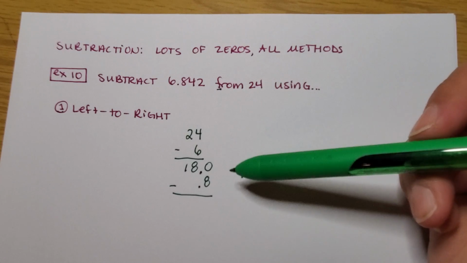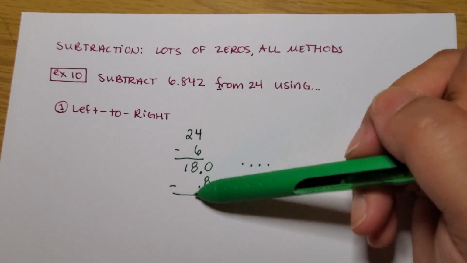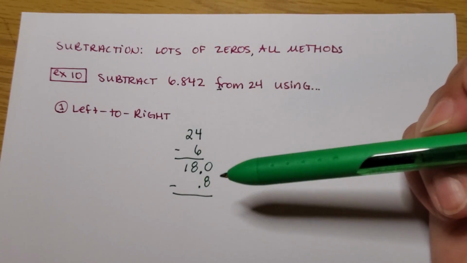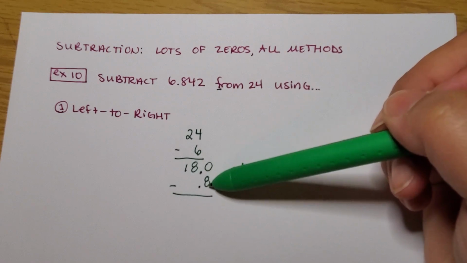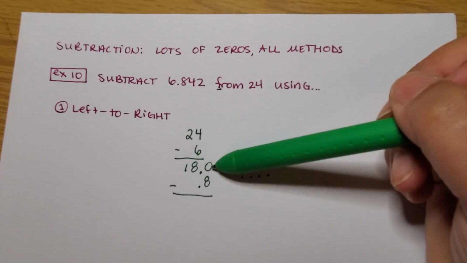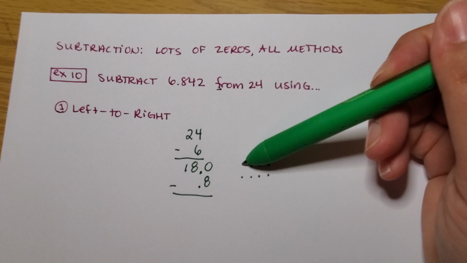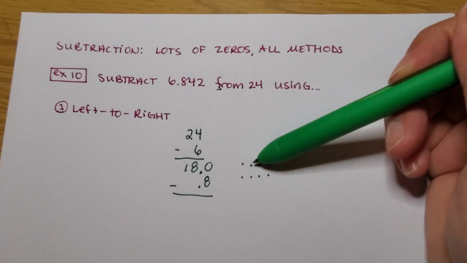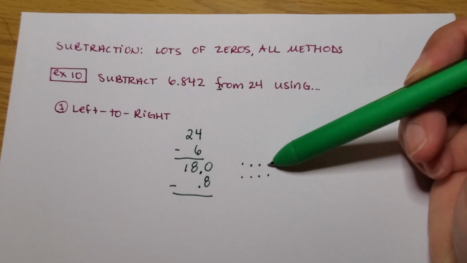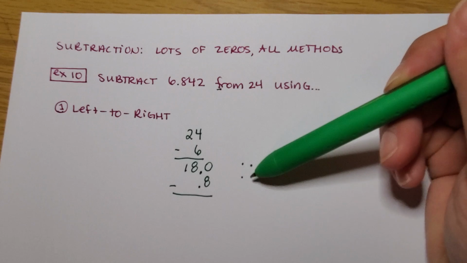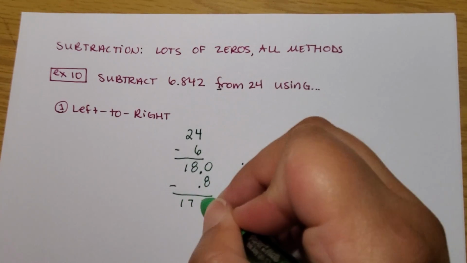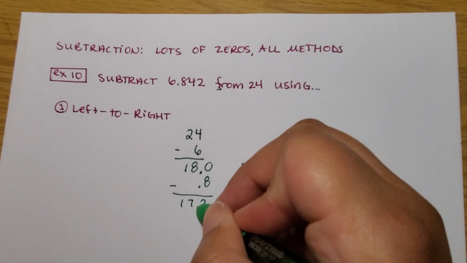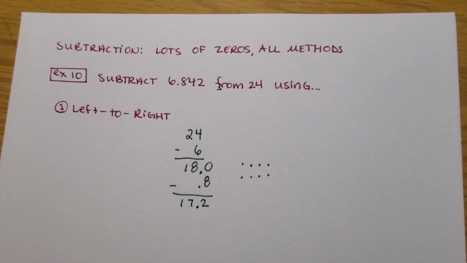And remember, when you're subtracting using left to right, you can kind of ignore that decimal point, pretend it's not there. So I have 180, and I'm going to count down 8. So 180, 179, 178, 177, 176, 175, 174, 173, 172. So this will give me 172, making sure I put that decimal point in at the end.